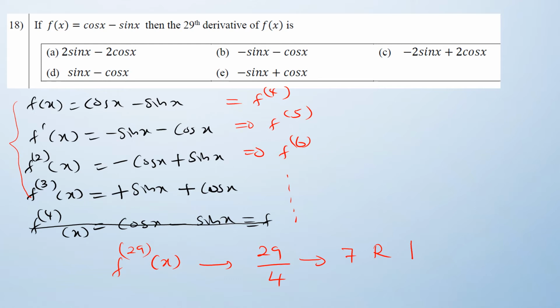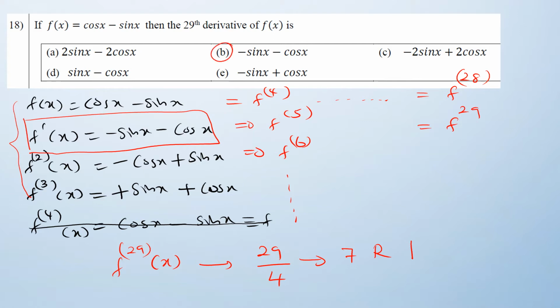So when we repeat the same process, we will have f28 as the same function f(x) given. Definitely f29 will then be the first derivative. So the answer is minus sin x minus cos x, that is there in B. Answer is only B.